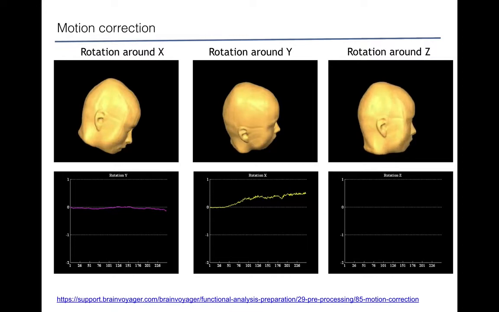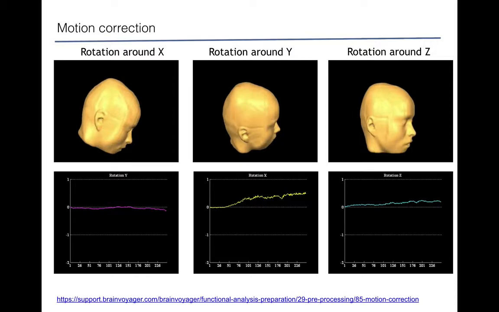and there are two big issues. First is the displacement of the voxels, and the second is changes in the signal intensity. So the changes in the bold response due to neural activation is really tiny. It's in the order of a few percent.